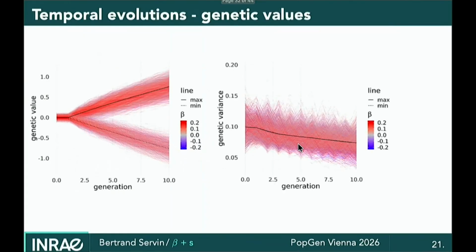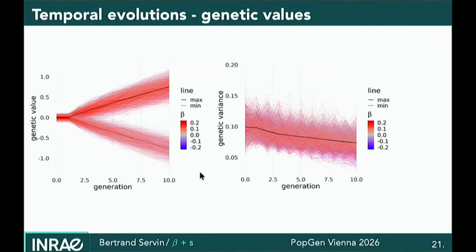Okay. So when you look at what happens, everything's fine. There's one line that goes up, one line that goes down. Whatever the true effect of the QTL, the trajectory of the response to selection is the same because the overall genetic effect is the same.